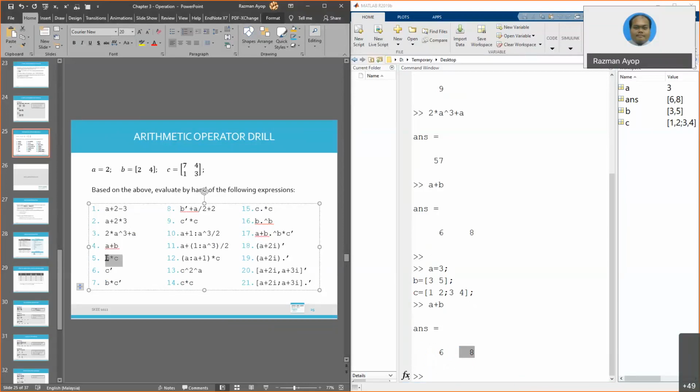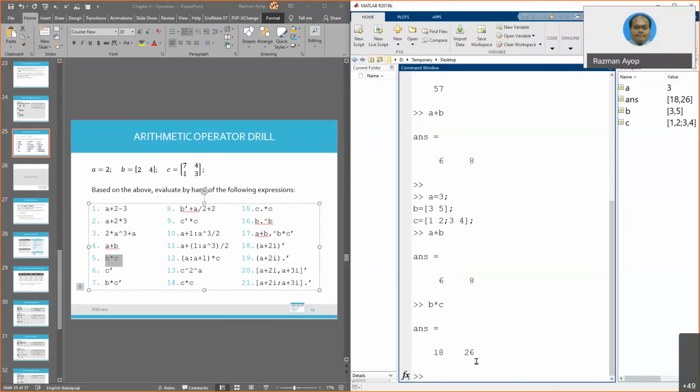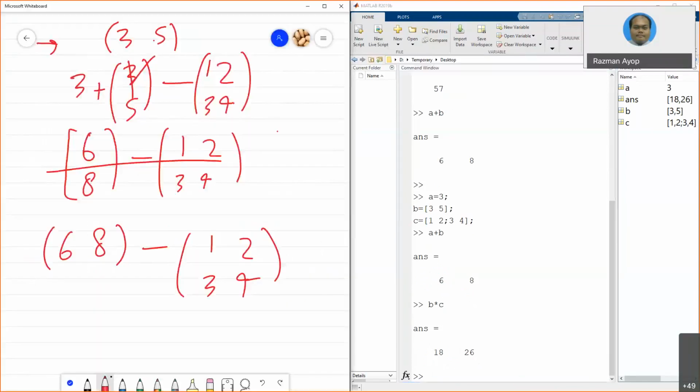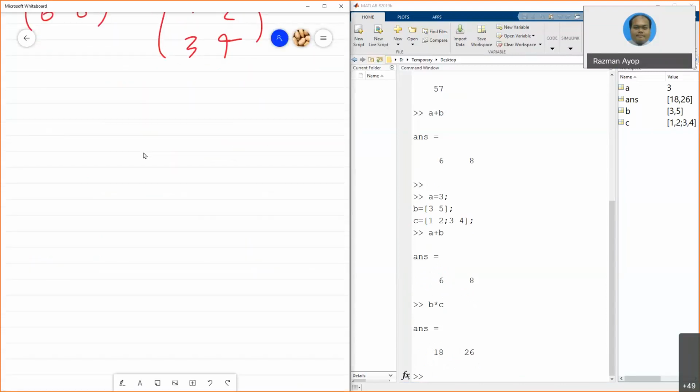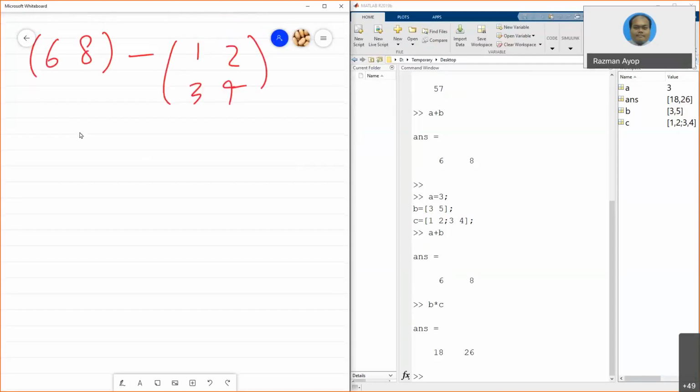How about multiplication for B and C? Okay, for this one, you have B is 3 and 5 multiplied by 1, 2, 3, 4.